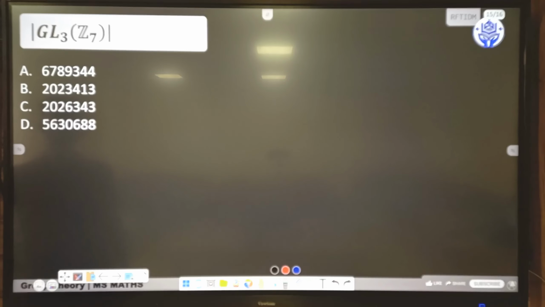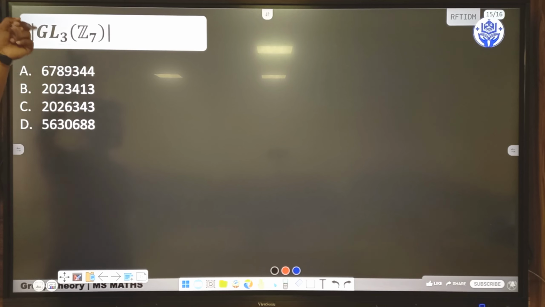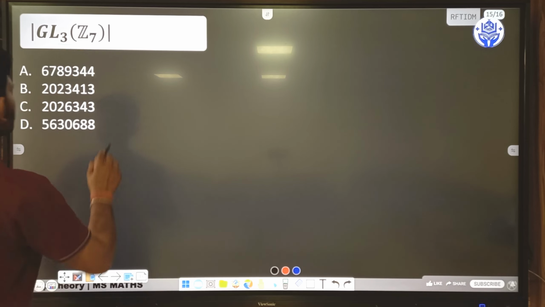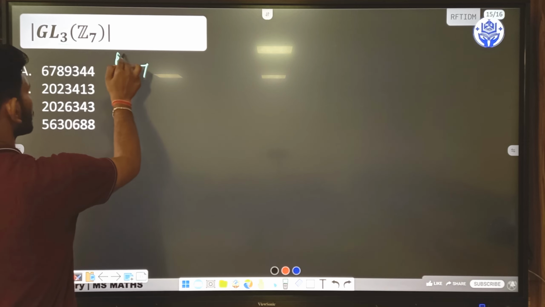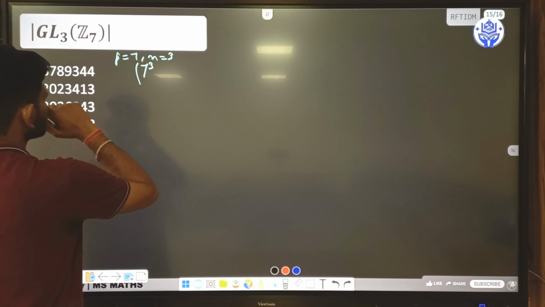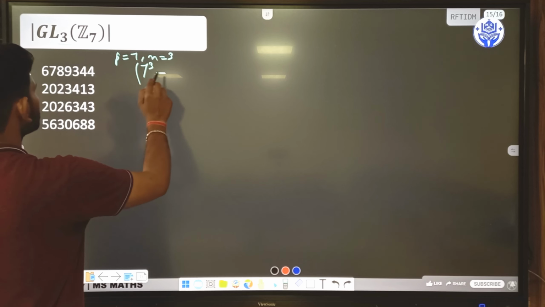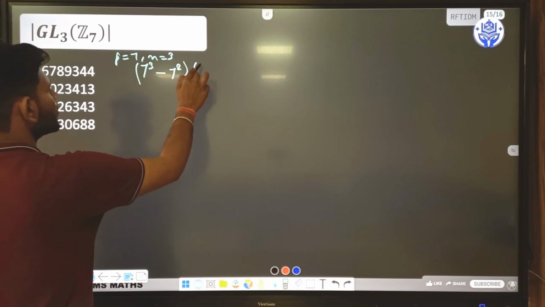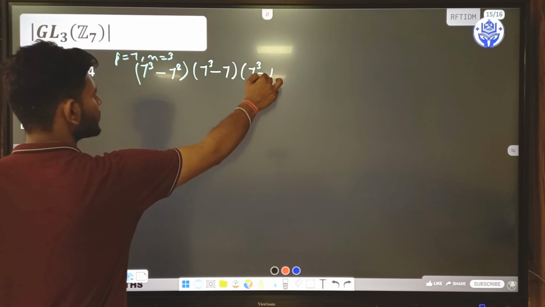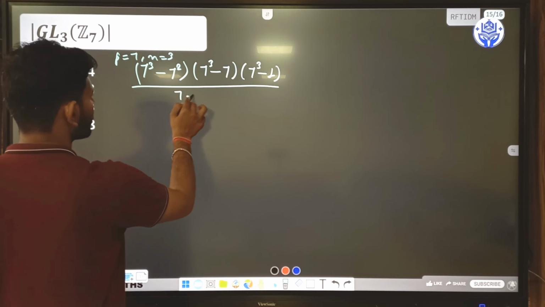Next, what is the order, or the cardinality, of this set? It means 3 by 3 matrices whose entries are from Z_7 and whose determinant is 1. That you can easily find. Here p is 7 and n is 3, so 7^3 minus 7^2, 7^3 minus 7, 7^3 minus 1, divided by 7 minus 1.